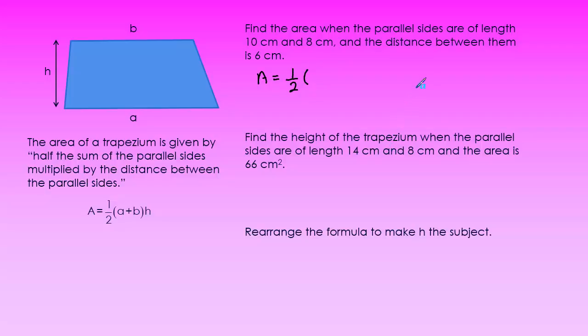The parallel sides are 10 and 8, so we say 10 add 8, and the distance between them is h, so we'll multiply that by 6. So 10 add 8 is 18, half of that is 9, 9 times 6 is 54 centimeters squared.